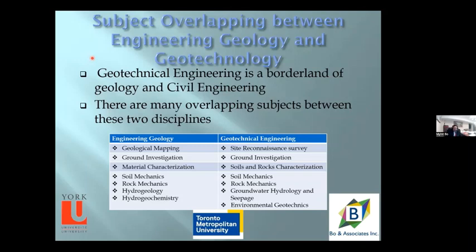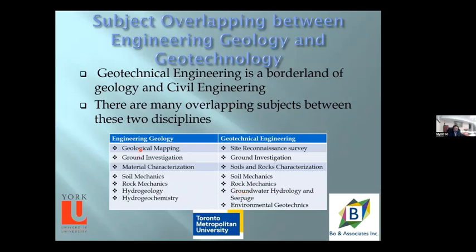As I mentioned, there is some overlap between these two subjects, engineering geology and geotechnical engineering. Geotechnical engineering is the borderland of geology and civil engineering. There are many overlapping subjects between these two disciplines. Example overlaps are ground investigations, soil mechanics, rock mechanics, and hydrogeology, or in other words, groundwater hydrology.